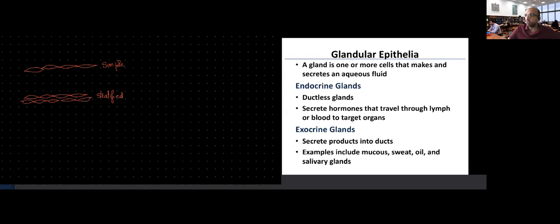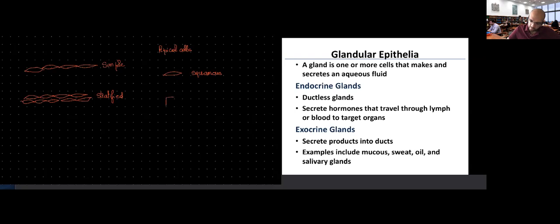The other factor according to which we classified the epithelium is according to the shape of apical cells. So if I have flat cells at the apex forming my free border, we call those squamous cells, and this would be classified as a squamous epithelium.